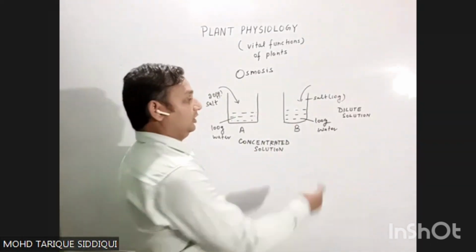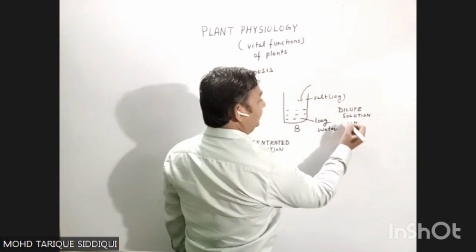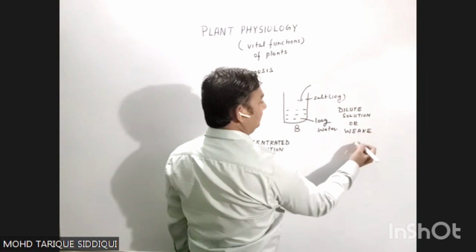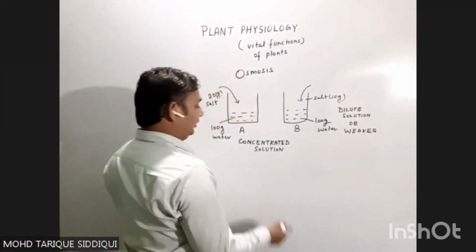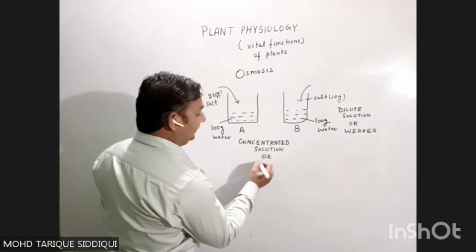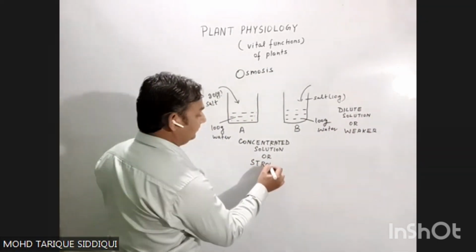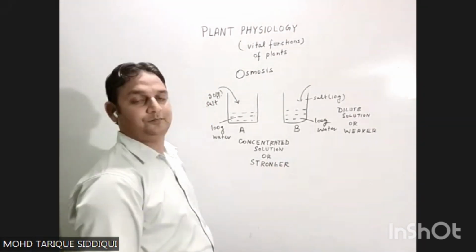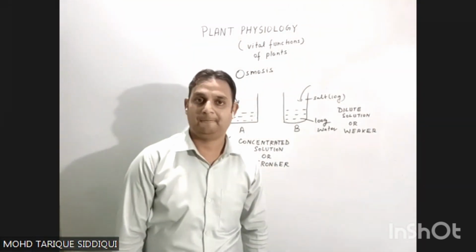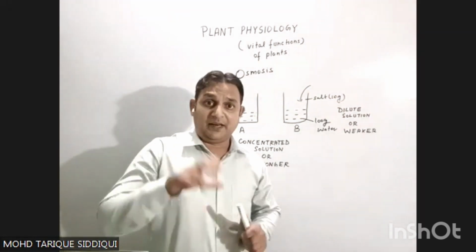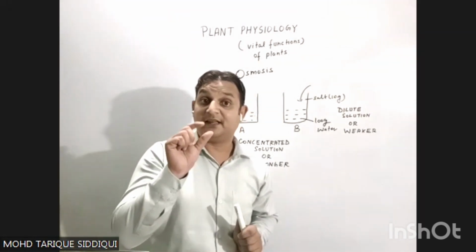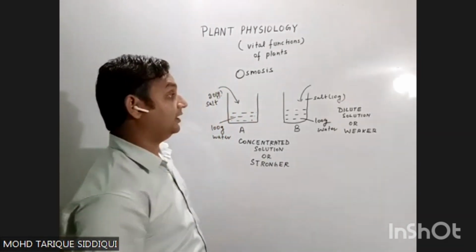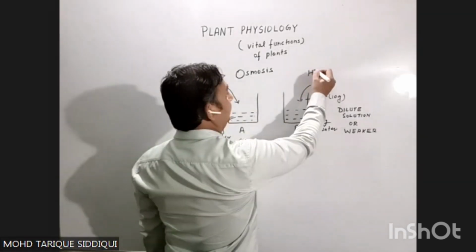Now, dilute solution, or you say this is a weaker solution. Concentrated solution, or you say stronger solution. Whenever solute is less and more amount of water, that solution we call hypotonic solution.